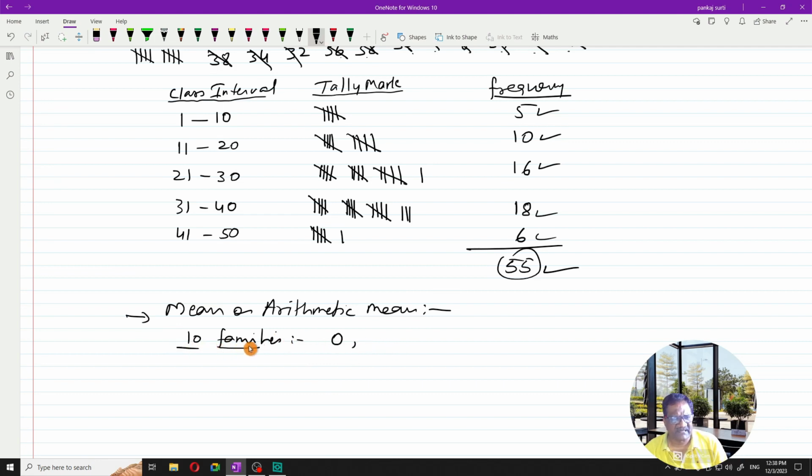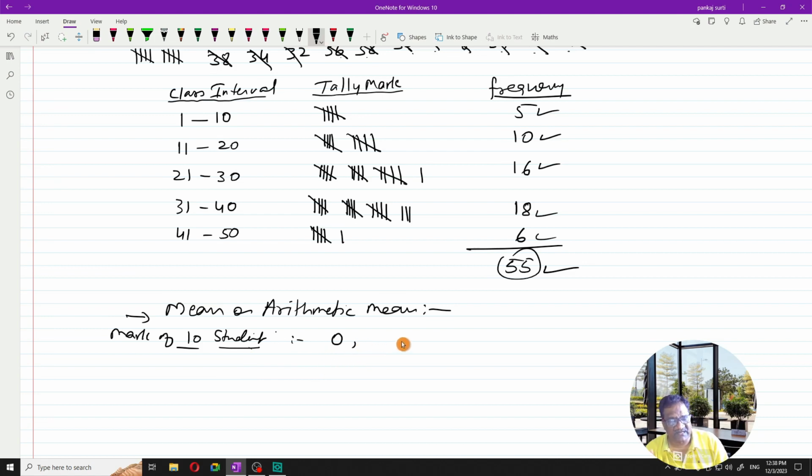Let me not take 10 families. Let us take marks obtained by 10 students, just marks. Suppose that these 10 students are not getting repeated marks. So suppose one student totally got 0 marks.